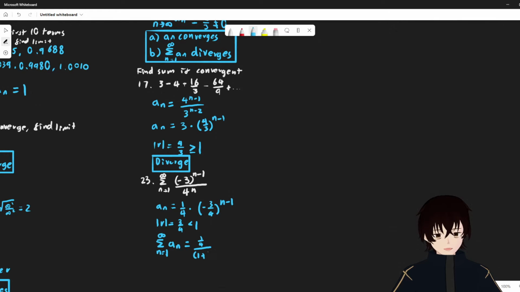So this is 1 plus 3/4. That's 7/4, so we flip it, we multiply by the reciprocal. We get 1/7.